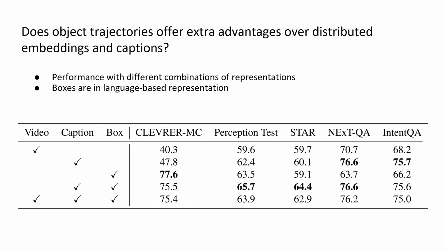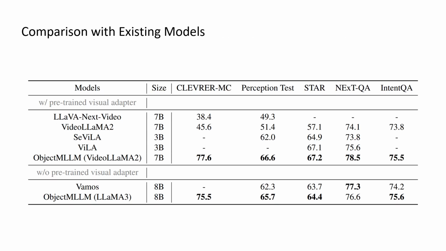On benchmarks especially requiring modeling relationship and interaction between objects, such as CLEVRER and Perception Test, adding objects significantly improves the performance. Compared with existing models, Object MLLM performs the best across 5 video QA benchmarks.